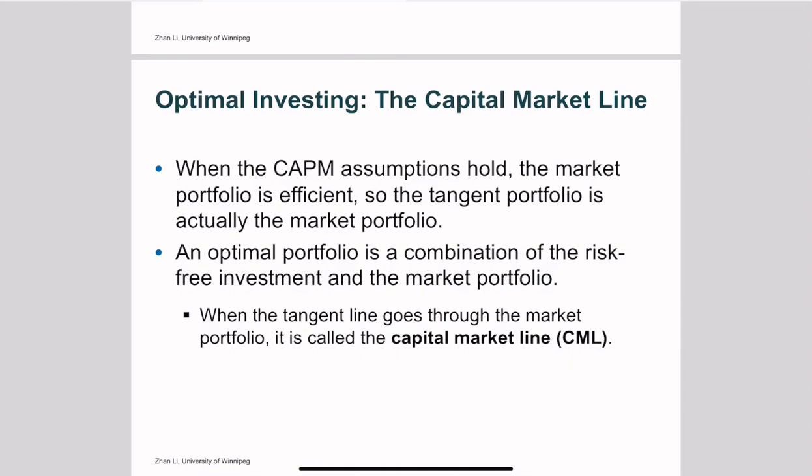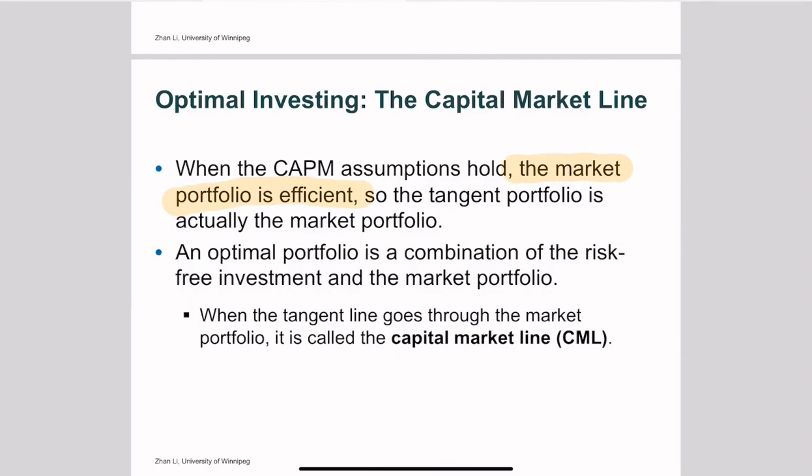Okay, so we basically now obtained this important result. That is, market portfolio is efficient. And we also learned in the last class that tangent portfolio is the efficient portfolio.